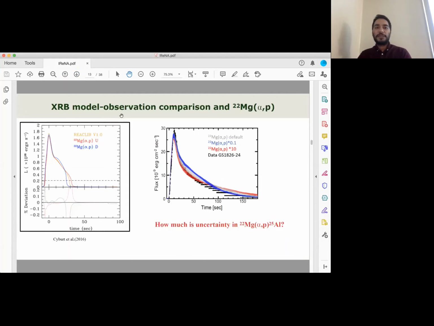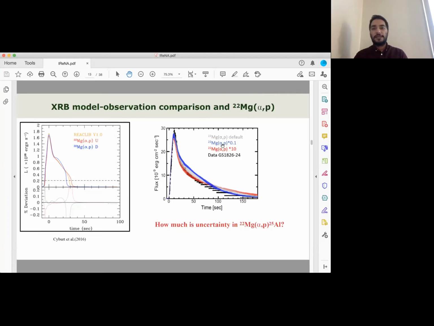Since we're talking about the X-ray burst model-observation comparison, one of the reaction rates which has been shown to impact the X-ray burst light curves is 22Mg(alpha,p). This is from one of the studies which shows the impact on X-ray burst light curves, by Zach Meisel using MESA.